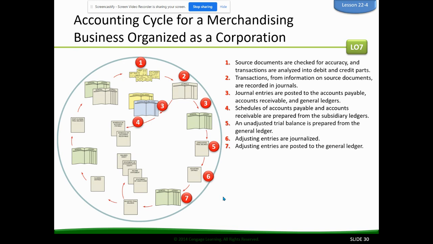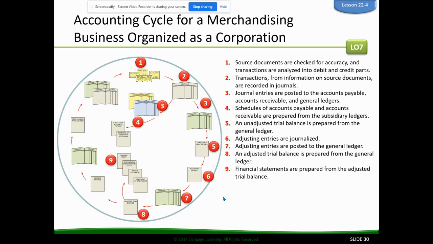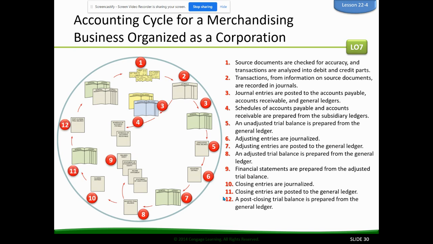Step 7 is doing those adjusting entries and updating them. Then doing our financial statements, closing entries, updating those closing entries, preparing that post-closing trial balance, and then doing that final last little bit of reversing entries to get the general ledger ready for step number 1 again.